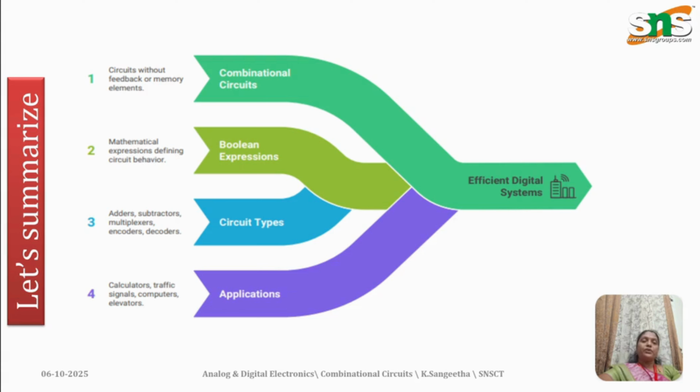In this video we saw what a combinational circuit is, the steps involved in the construction of a combinational circuit, and the different types, that is, examples of combinational circuits, and applications. The combinational circuit output depends only on the present input, the different types are adders, subtractors, multiplexers, encoders, decoders, and the different applications are calculators, watches, computers, laptops, and lifts.